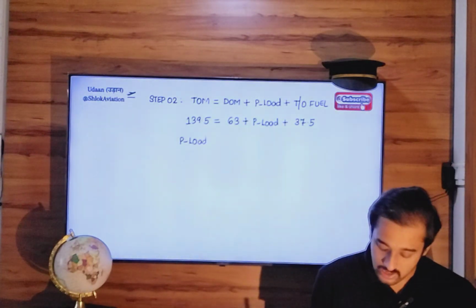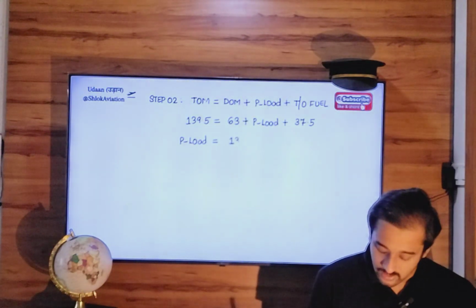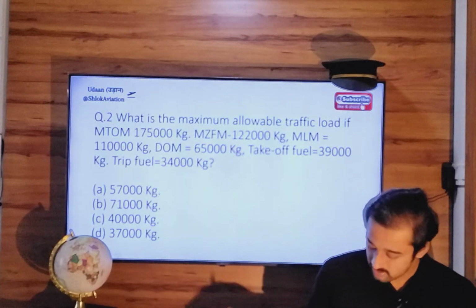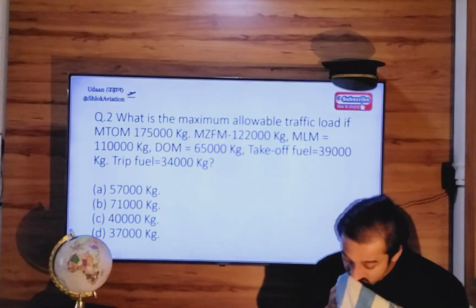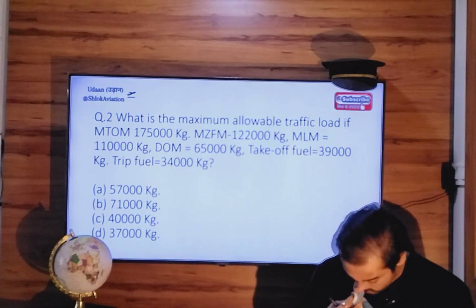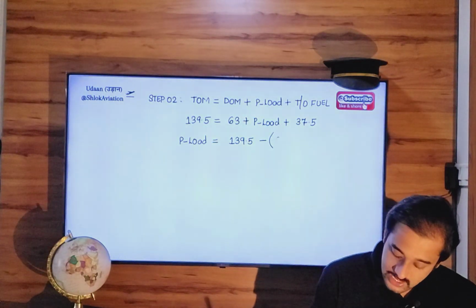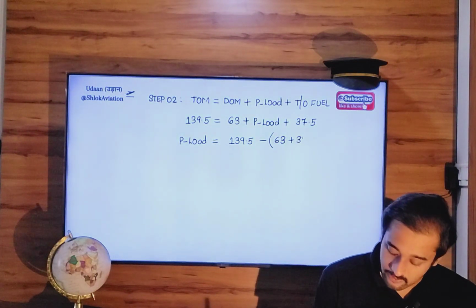So payload equals 139.5 minus 63 plus 37.5.